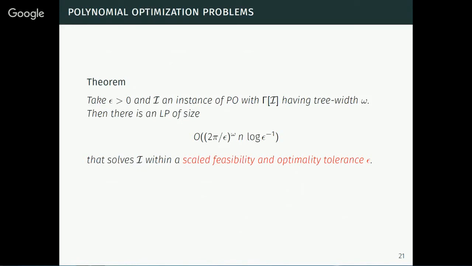Okay, now it's not something exact. Actually, you can argue that it cannot be exact, because you can have a polynomial problem where the only solution is, for example, an irrational number. That's easy to build. So you cannot really build an LP that will actually solve that.